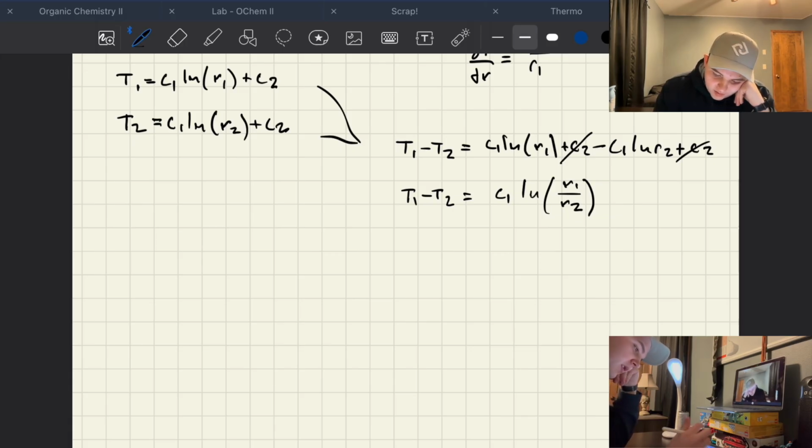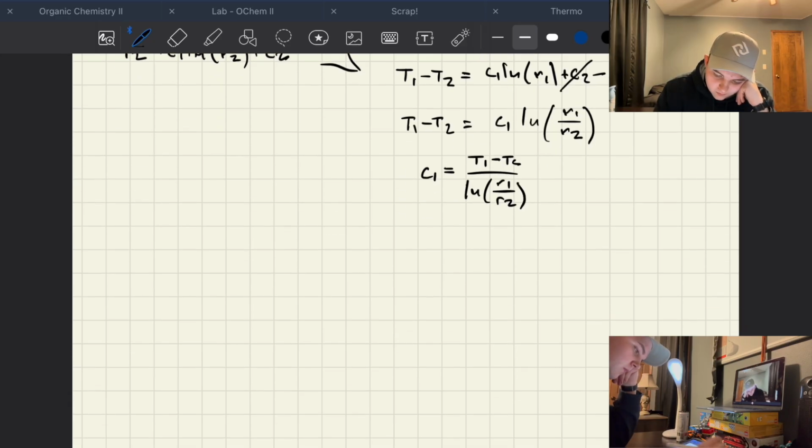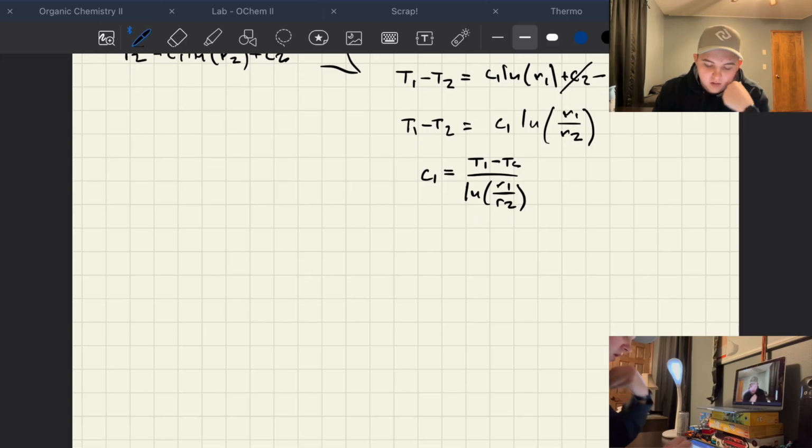And then we need to solve for C1, which is just going to be T1 minus T2 over the natural log of these. Okay, cool. And then we need to plug that into our original C1 in our equation.